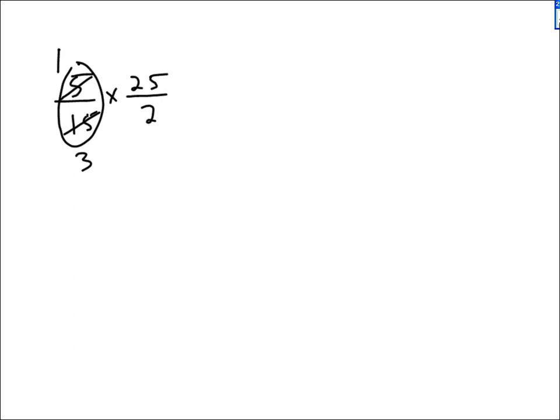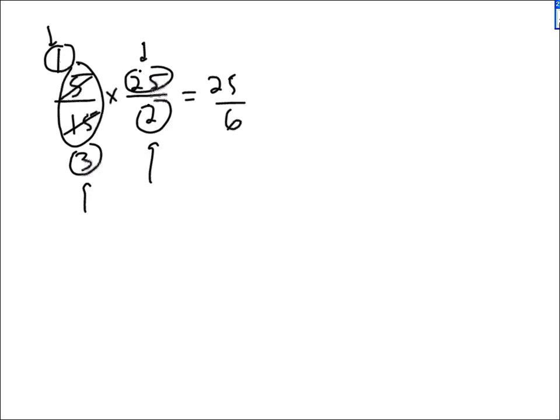With respect to the remaining top numbers and the remaining bottom numbers, you can't reduce anymore. 1 times 25 is 25. 3 times 2 is 6. The answer is done.